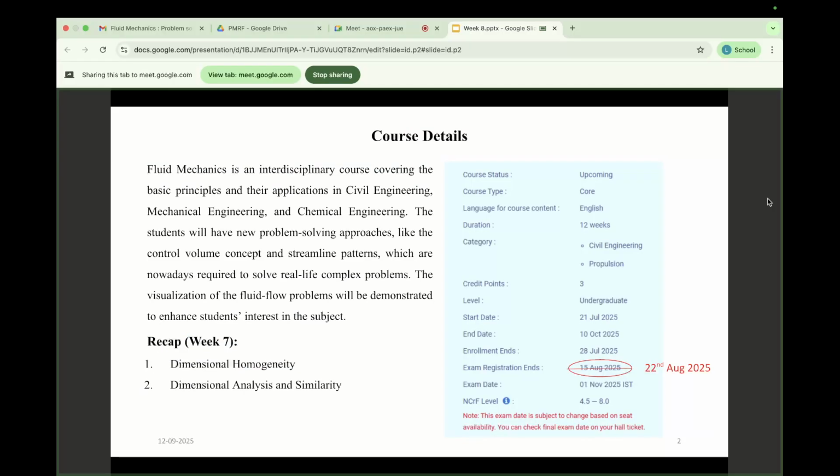Before starting this interacting session, let me give a brief about this course and what you will get to know from it. Why are we studying fluid mechanics? Because it's an interdisciplinary course, and you will find its application in civil, mechanical, and chemical engineering and even interdisciplinary sciences.